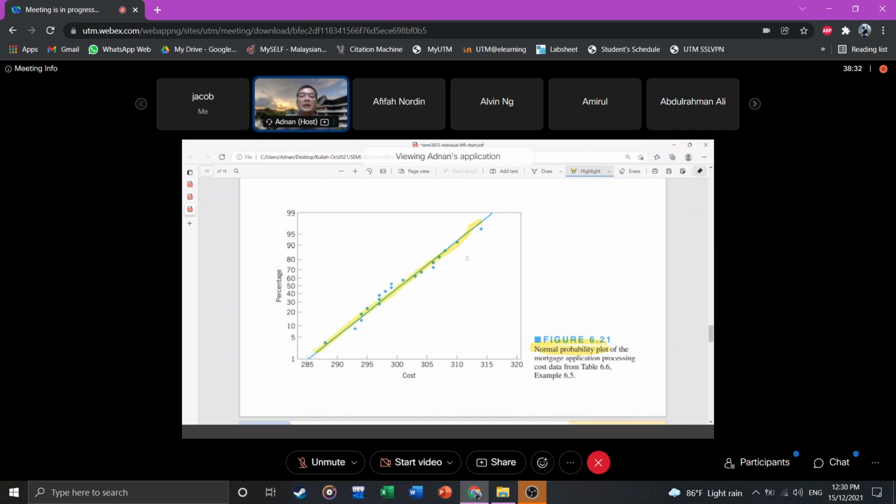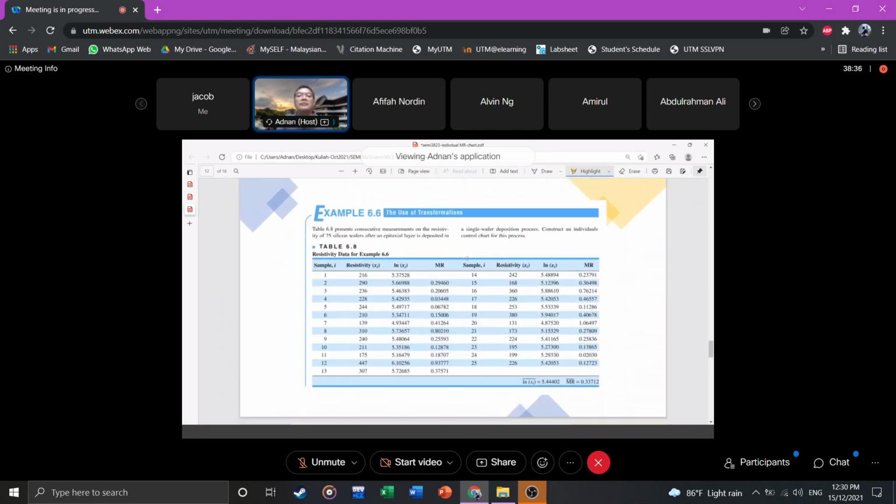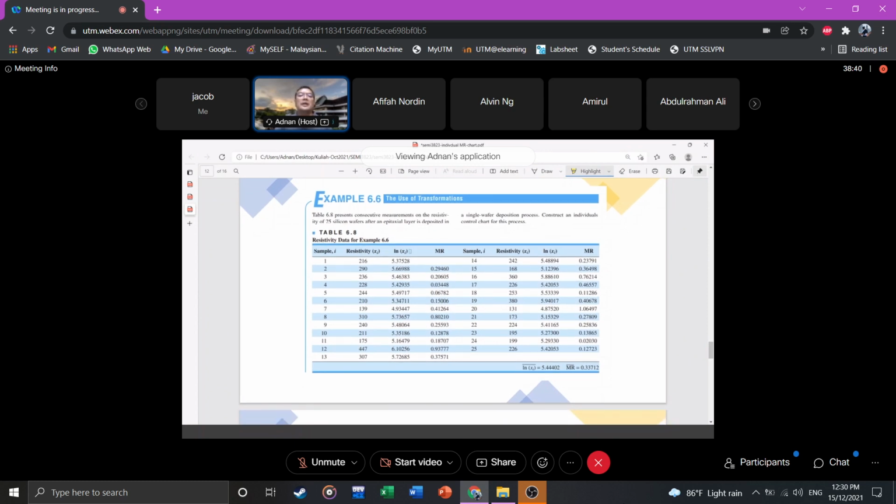But in this case, there are some points which deviate from that line. So in order to solve this, we take the natural log. For this data, we have 25 data, so for all 25 data we take the natural logs.